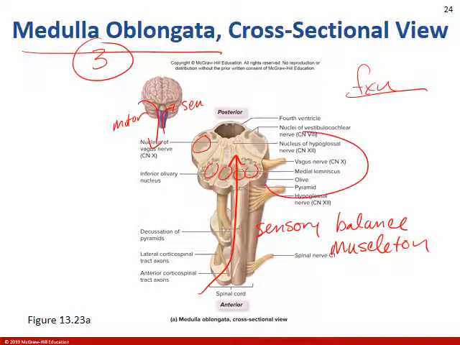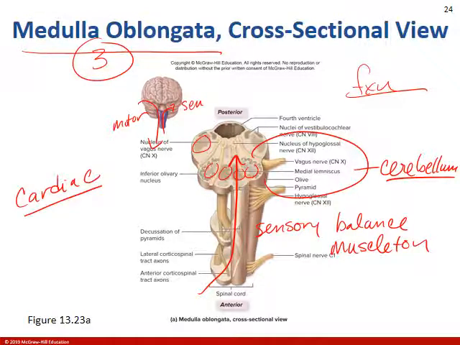All of that is going to go to the cerebellum, and the cerebellum is going to keep note of where you are in space and time. We'll talk a little bit more about that. There's also a cardiac center, so it's going to control heart rate. We have a vasomotor center that's going to control blood vessel diameter, whether it's constricted or dilated.